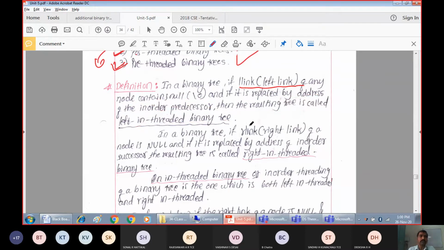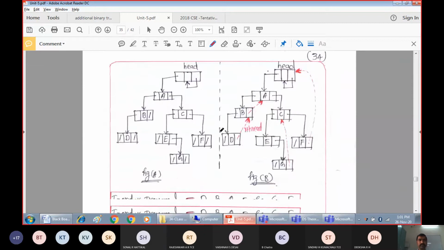Don't worry if you are not following, I will explain with the diagram. I'll take this example.